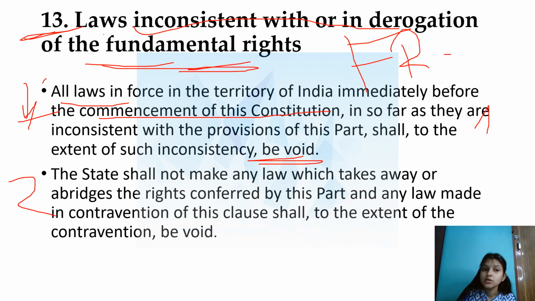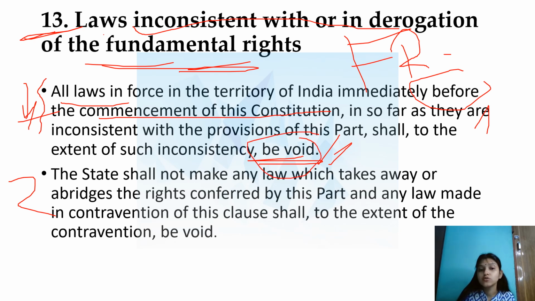So the first clause deals with pre-constitutional law which was made by the Britishers before the commencement of the Constitution. This part is all about the pre-constitutional laws. Here we need to remember only some part of it: before the commencement of this Constitution, void.